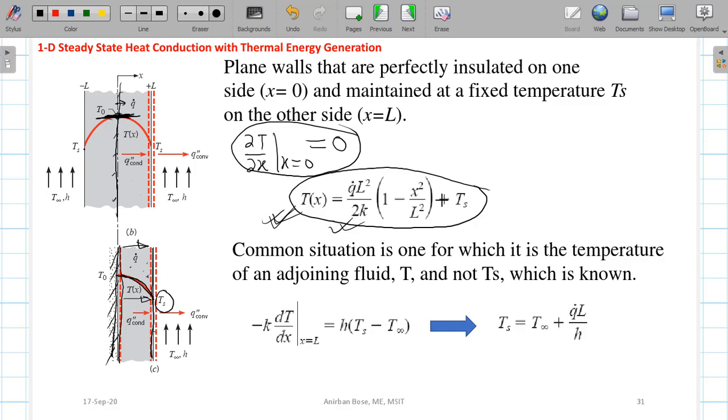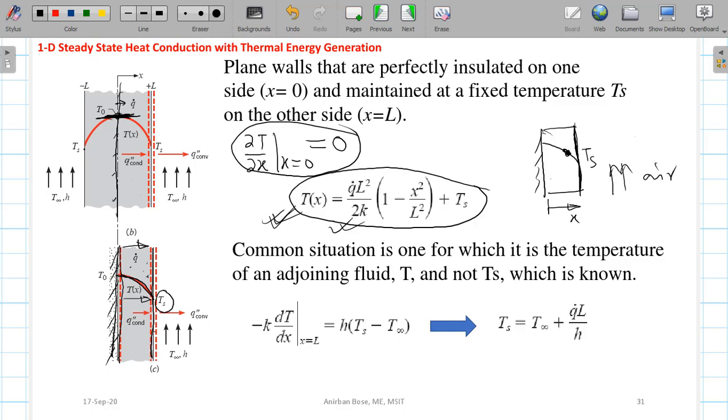Okay, so for this particular problem where one end is insulated and if you know the Ts here and you want to find out temperature at any x. But actually you will find that in most problems the value of Ts is not known, rather the outside fluid condition is known, that is, the temperature of the air.